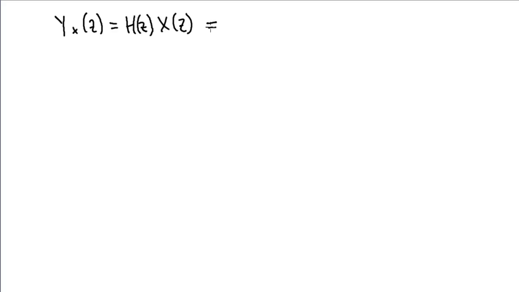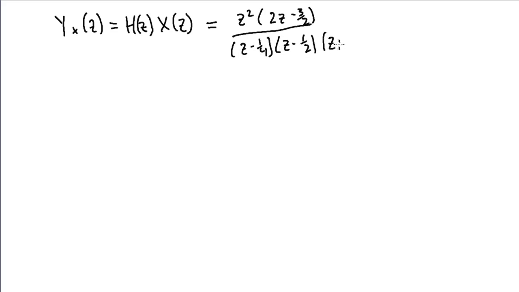So writing that out, I'm going to have z squared times 2z minus 3 halves over z minus 1/4, and then factoring that second order polynomial z minus 1/2 times z minus 1 as we did previously.